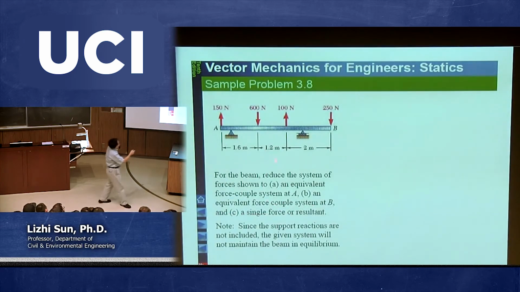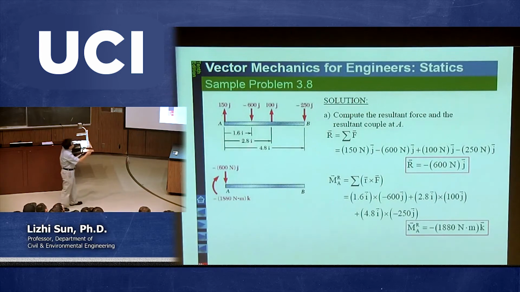This one. You first randomly pick a point, for example, pick point A or pick point B, any point you like, and then you can add all forces together, you get a single force, and you can calculate the resultant moment due to these forces, and this is equivalent to this.